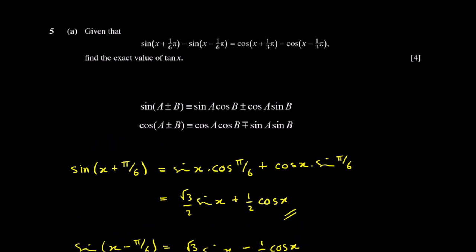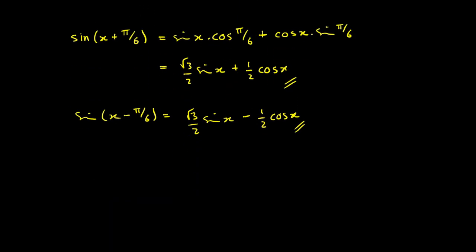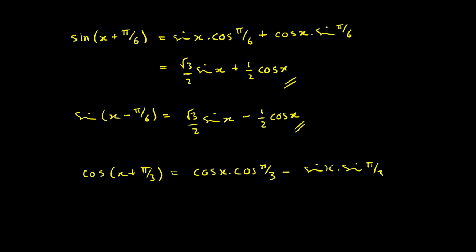Then the next thing we're going to do is cos of x plus pi by 3. So let's do that. Again, we're just going to substitute into the formula. So this becomes cos x cos pi by 3 minus sine x sine pi by 3.